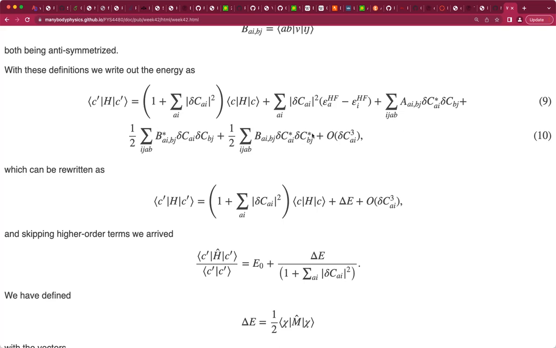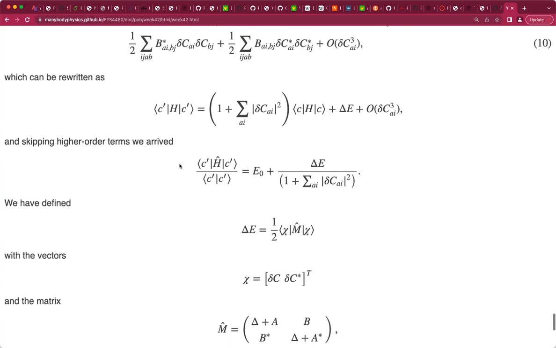So what I'm going to do now is simply to rewrite these in terms of a matrix, which I call M. And now you see that we have this matrix A, and then I have the matrix which now represents two particle, two hole correlations. So this element here is the Hermitian conjugate of the element here.